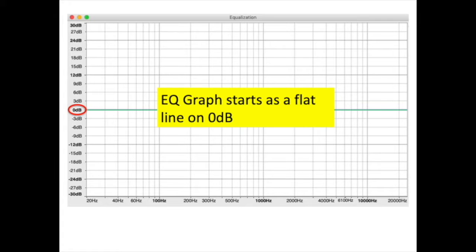And with EQ, you can lower or increase volume on the frequencies, and you can do this to your heart's desire, right? Which turns out to be kind of a double-edged sword, as it's easy to make a recording sound worse. It takes a lot of skill and practice to make it sound better.